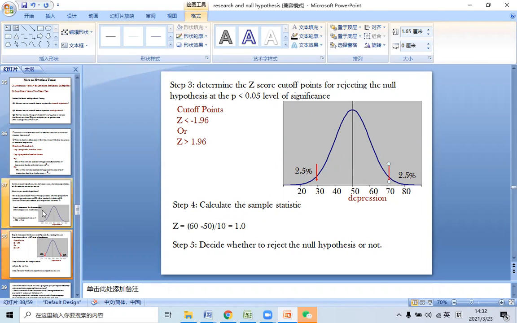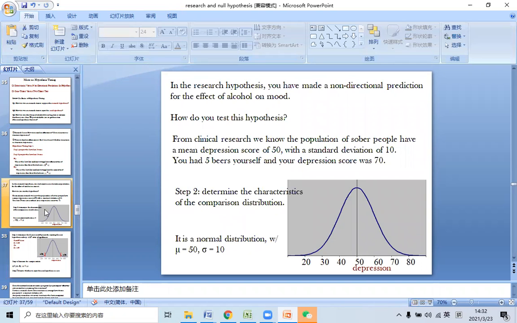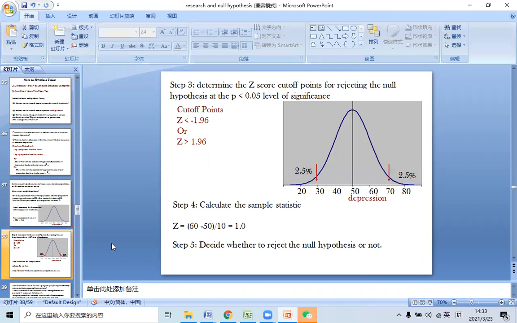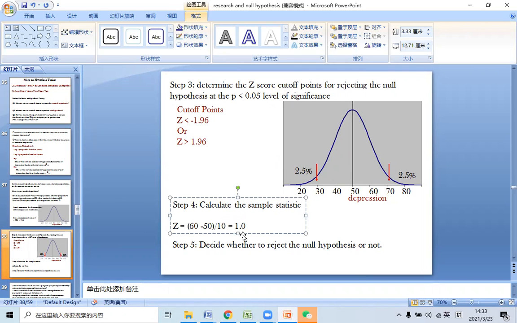Let's see, what was your score? You had 5 beers and your depression score was 70. I got a typo here. 70 minus 50, 50 is the mean, and you're 70.